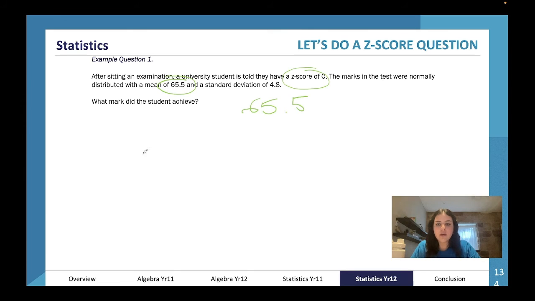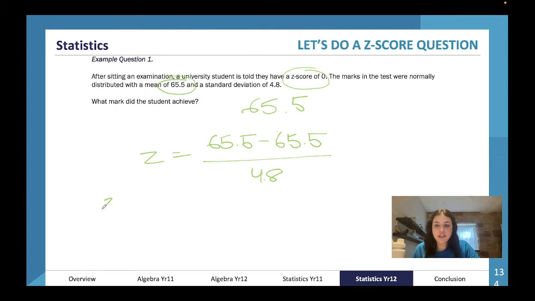But for the sake of it, let's do the question. Z-score equals their mark was 65.5. The mean was 65.5. And there was a standard deviation of 4.8. 65.5 minus 65.5 over 4.8, we get 0.